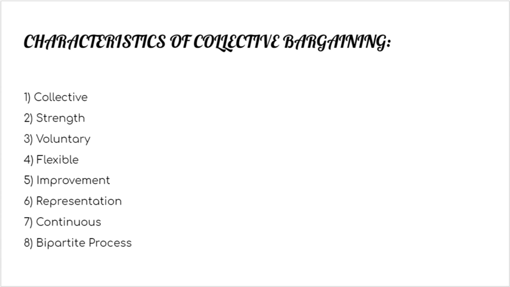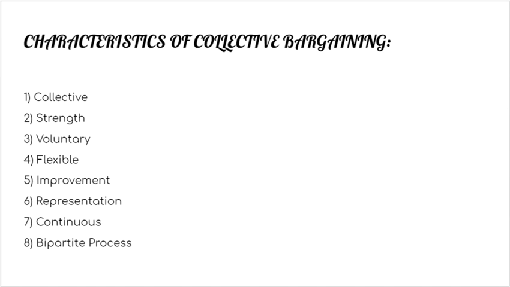And these are the characteristics of collective bargaining according to the definitions and the objectives that we had mentioned now. First thing, it is a collective effort. It's a collective effort from both the parties, from both the management and the employees. It is a strength for both of them.